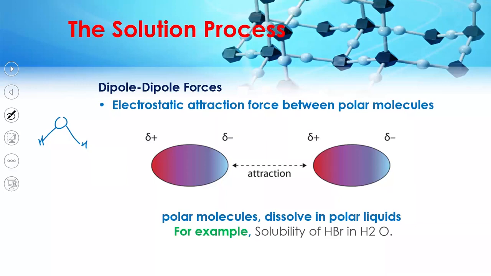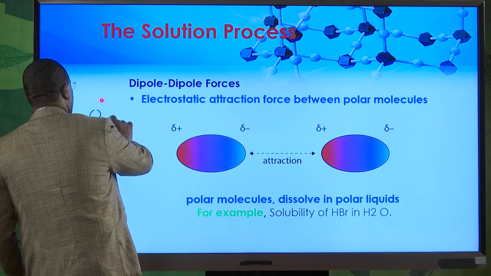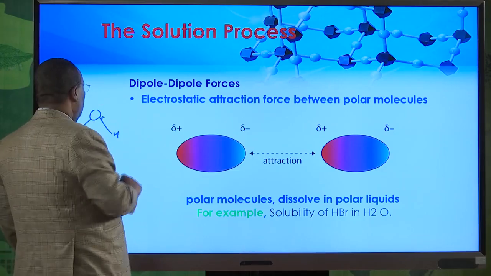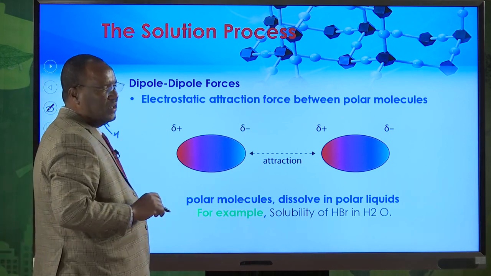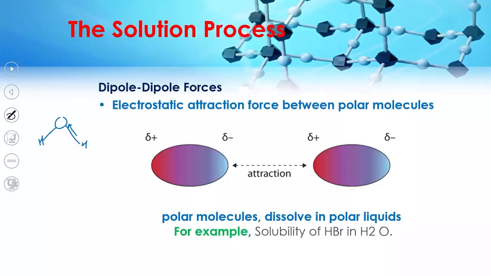Oxygen is more electronegative than hydrogen, and much of the electron density is accumulated on the central oxygen atom. So the oxygen atom attains a partial negative charge, and the hydrogens attain a partial positive charge.